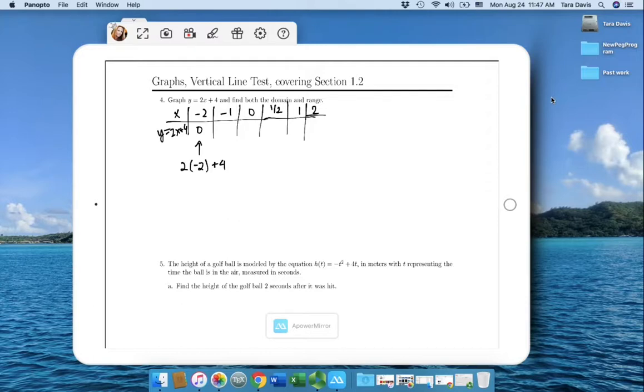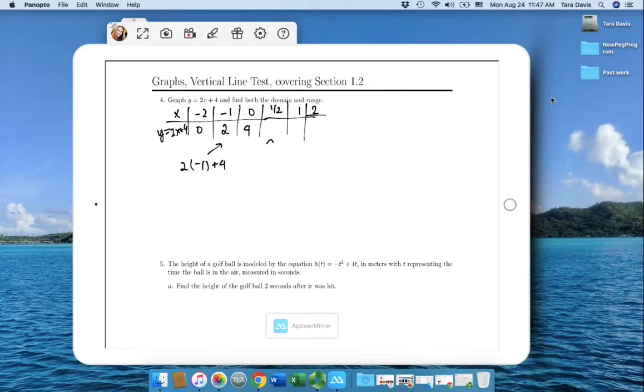I can just keep this as my scratch paper, and you don't need to see every detail. For this one, we're going to do 2 times -1 plus 4. So that's -2 plus 4, which is 2, okay? And then so forth. The next one we'll have 2 times 0 plus 4, which is 4.